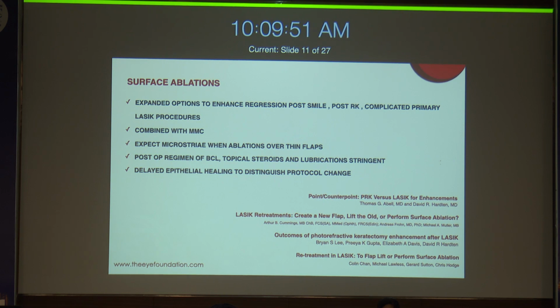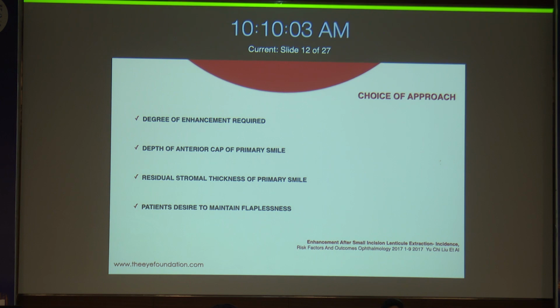And of course, in thinner flaps, you should expect microstriae when you are ablating over a thinner flap. Be prepared that there could be delayed epithelial healing in some of these eyes, so please plan your protocol accordingly. If it is a SMILE, it depends whether you want to stay flapless, then you could go ahead and do a primary SMILE above or below the primary SMILE. Dr. Sri Ganesh has experience on that.